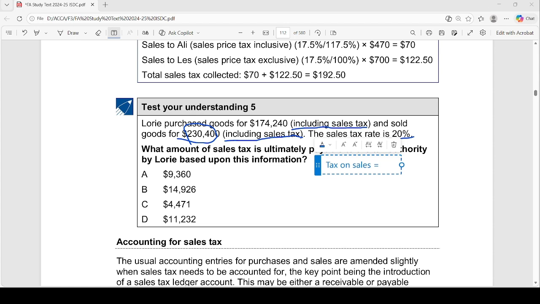230,400 is multiplied by 20% and divided by 120, which is 38,400. And tax on purchase, right? 174,240 is multiplied by 20% and divided by 120.